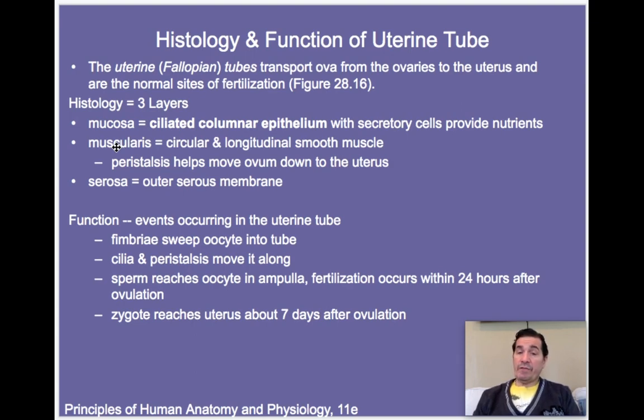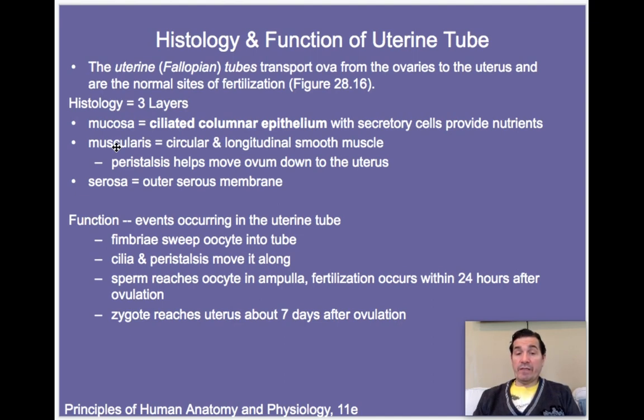And basically, fertilization has to occur within 24 hours after ovulation. Otherwise, it becomes very iffy if it will get fertilized. So it's a very tight window of opportunity if a person and their partner are trying to have a child.